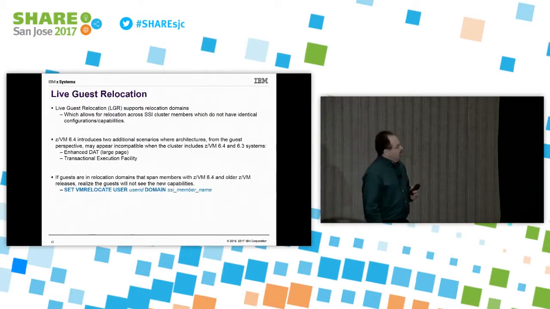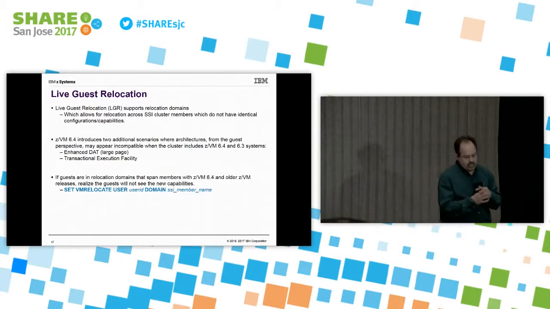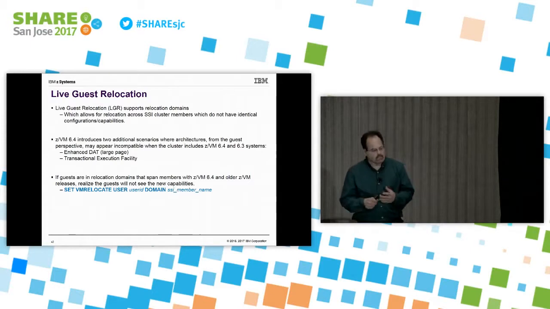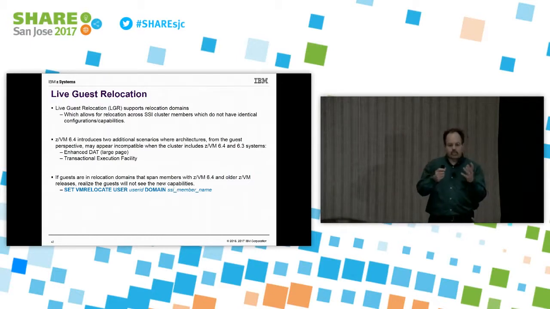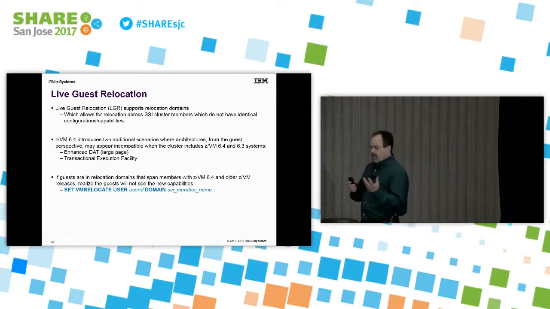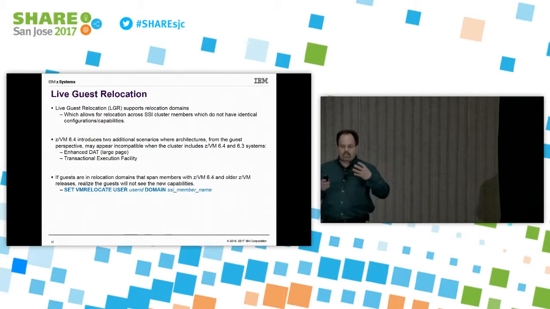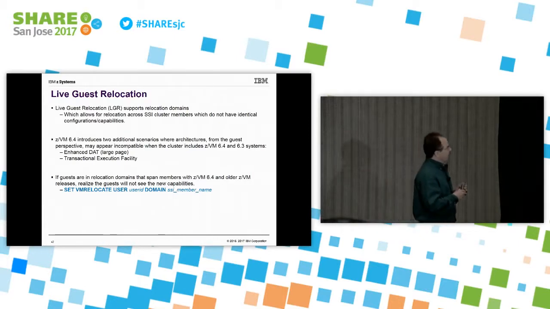Okay, live guest relocation. With live guest relocation, when you're running an SSI, it supports relocation domains. What's a relocation domain? It's a definition of members of a cluster that you want to be able to relocate guests to, and it resolves the architecture difference between those members.